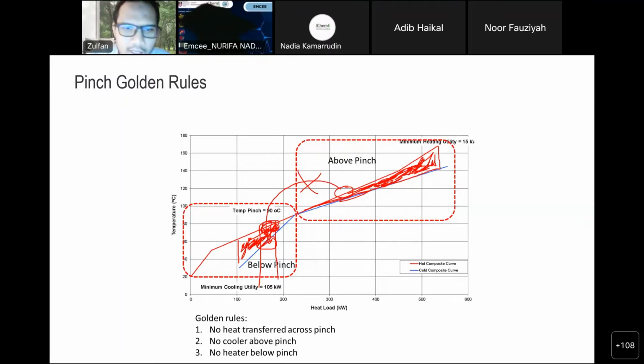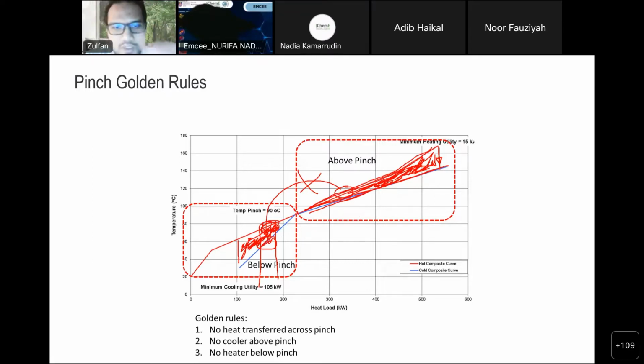The second rule is that there is no cooler above the pinch. Because up here is about maximizing the heat recovery as much as possible, we cannot put a cooler on this stream. If you do so, you will see the complications that I've explained before.